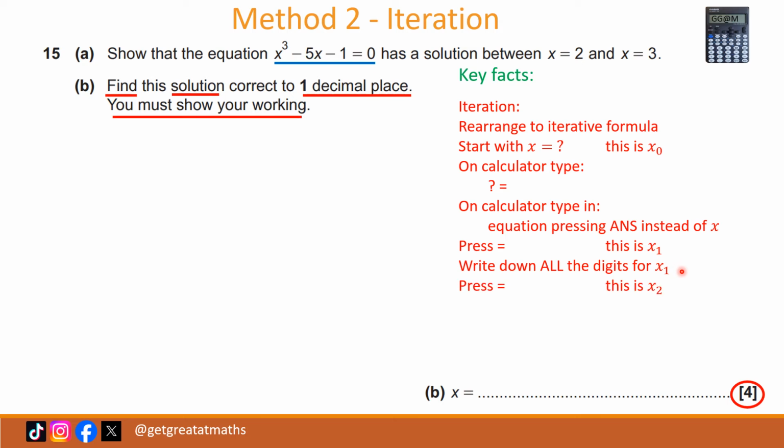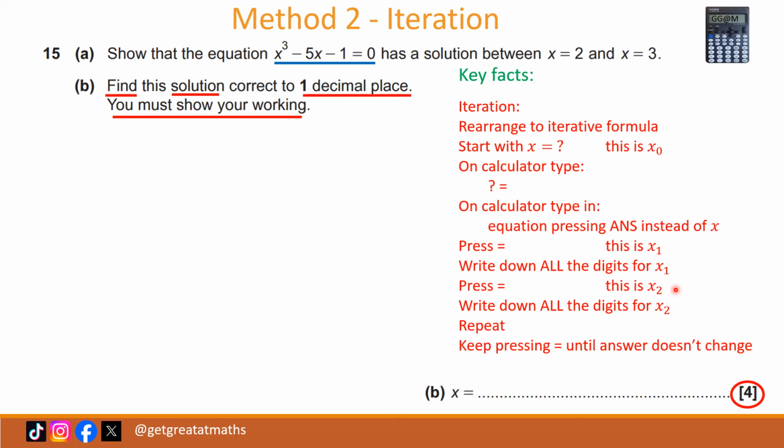If you press equals again, this will give you x2, and then we write down all the digits for x2. You can keep repeating this stage and write down all the solutions. Normally you need to write down from x1 to x5, and you keep pressing equals until the digits do not change, so your answer will remain the same, and this is your root alpha.